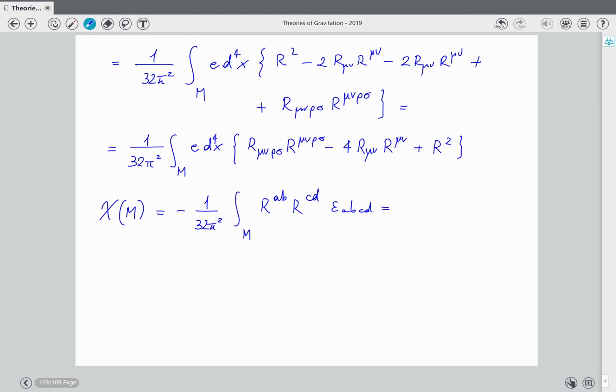You can prove that this is the integral on M of the total exterior derivative of another form. So this is a 4 form, this will be a 3 form. And C is called the Chern-Simons form.